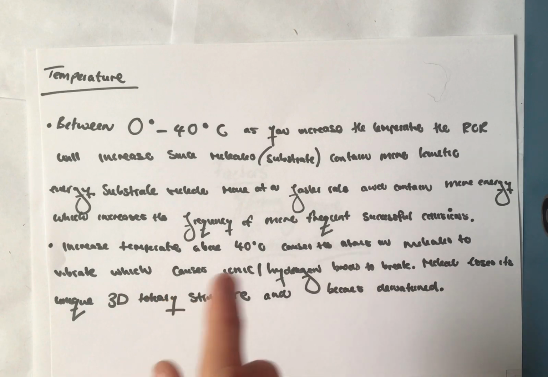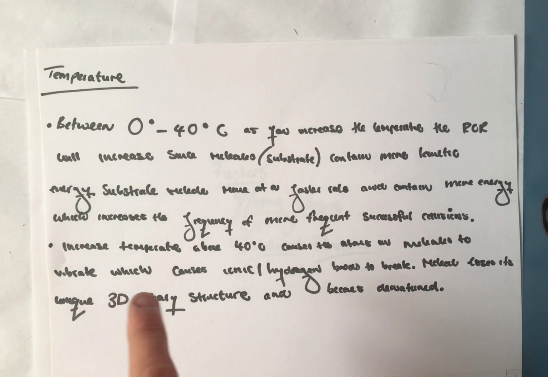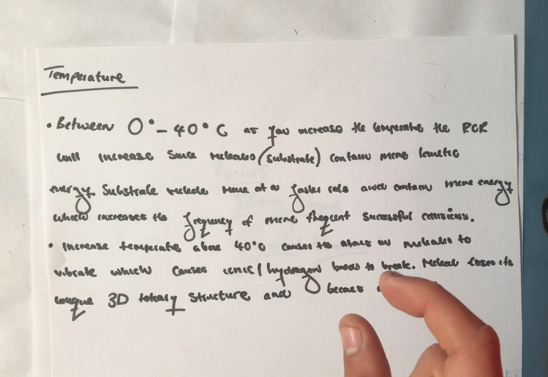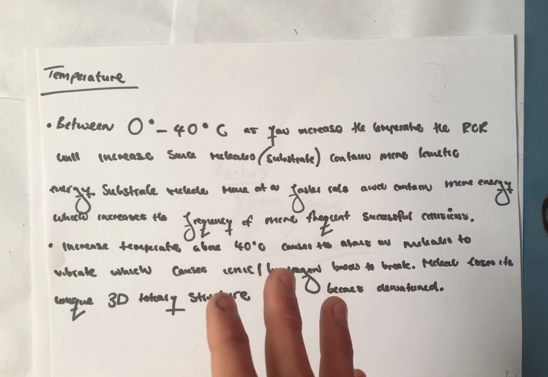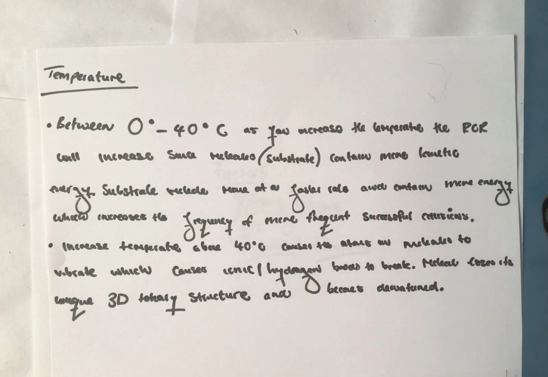If you increase the temperature above 40 degrees, this causes the atoms in the enzyme to vibrate, and this will cause the breaking of the hydrogen and the ionic bonds, and as a result the enzyme will lose its unique 3D shape. The shape of the active site, which is the part of the enzyme that the substrate binds to, will become denatured, and therefore it will be unable to bind with the substrate molecule, and therefore the rate of reaction will significantly decrease.